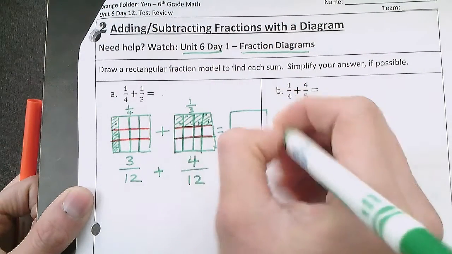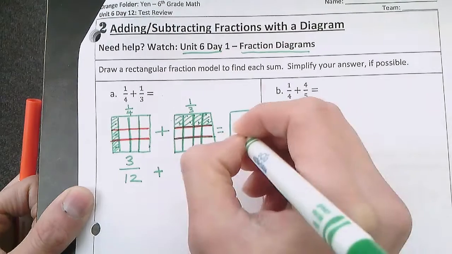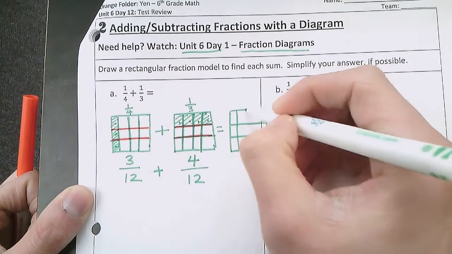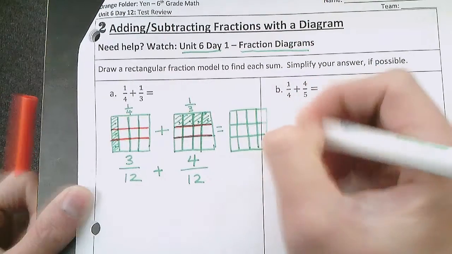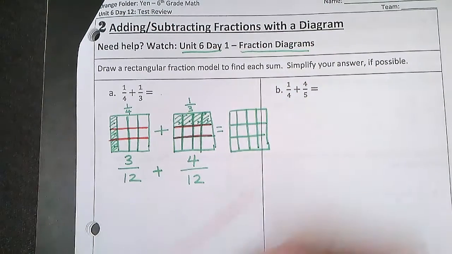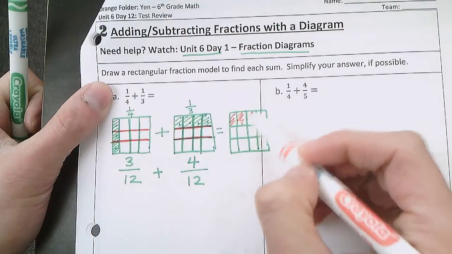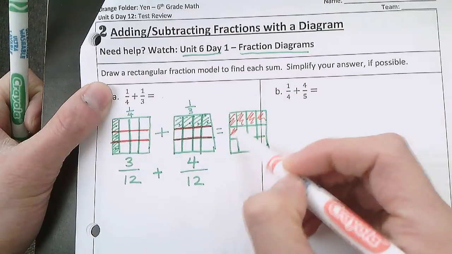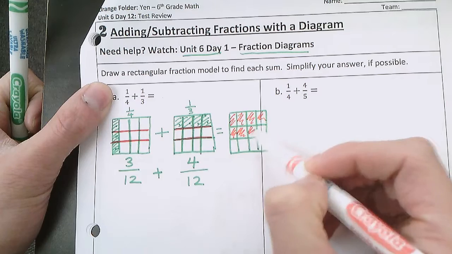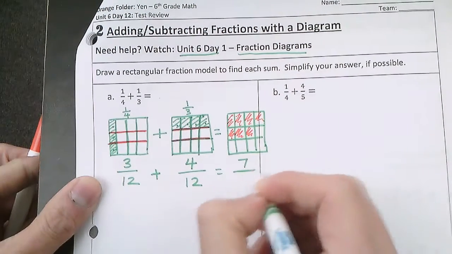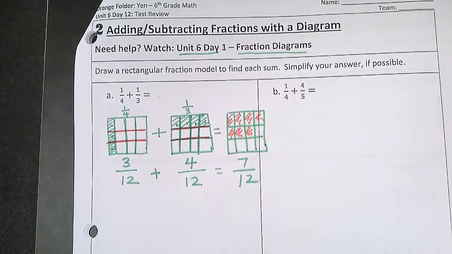Now, if we put that all together, we have a block of 12, split like this, and we have 7 out of 12. Just like that.